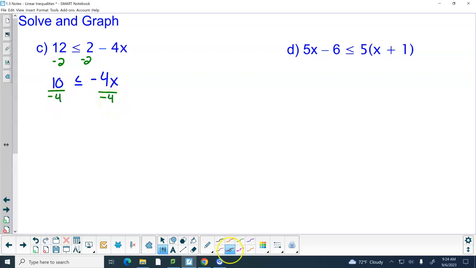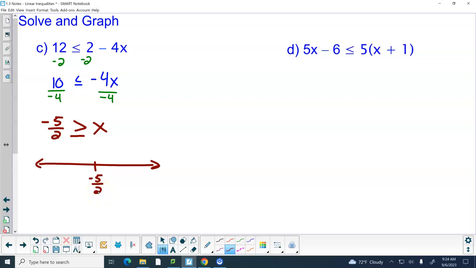So right away, I'm going to flip my inequality. 10 over negative 4 reduces to negative 5 halves. And we're okay with fractions on our number line too, because they can go there just as well as regular old integers.